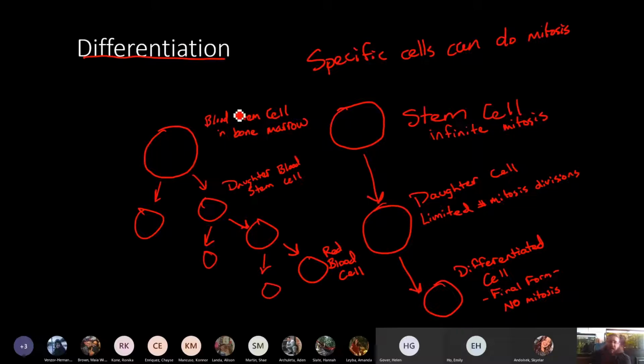Right? So this stem cell in the bone marrow, the blood stem cell, has a differentiation pathway that produces red blood cells. But it also produces all of the white blood cells.